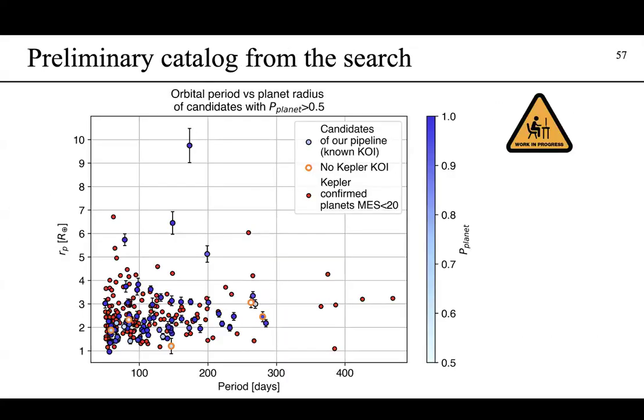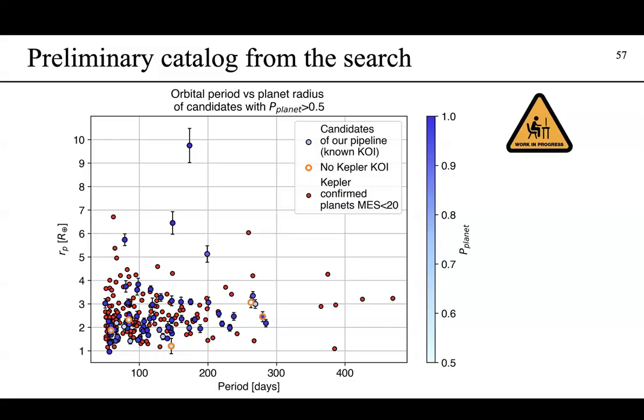Finally, we run this detection pipeline on everything, and we get a catalog of detections. Almost all of them are in the Kepler threshold crossing event list or the Kepler KOI list. So Kepler knows that there is something going on there, but they are not confirmed. They're candidates.